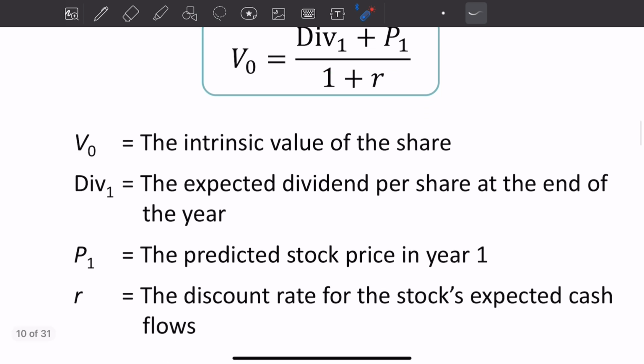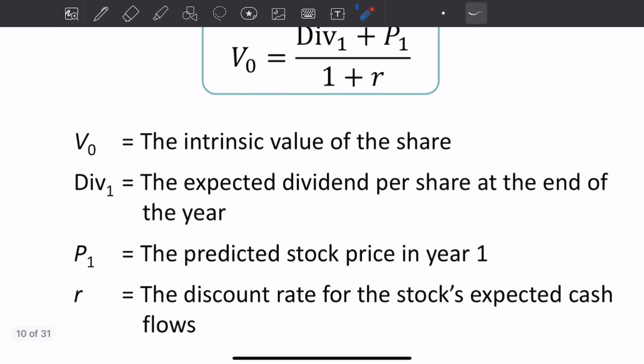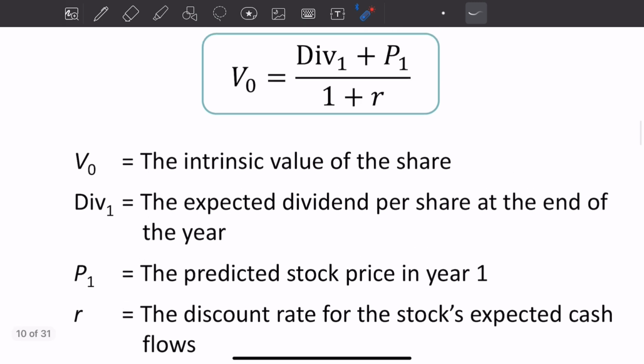Okay, 1 plus R, and R here stands for the discount rate for the stock's expected cash flows. This can be given in the question as the discount rate or the expected rate of return or the required rate of return, and so on.